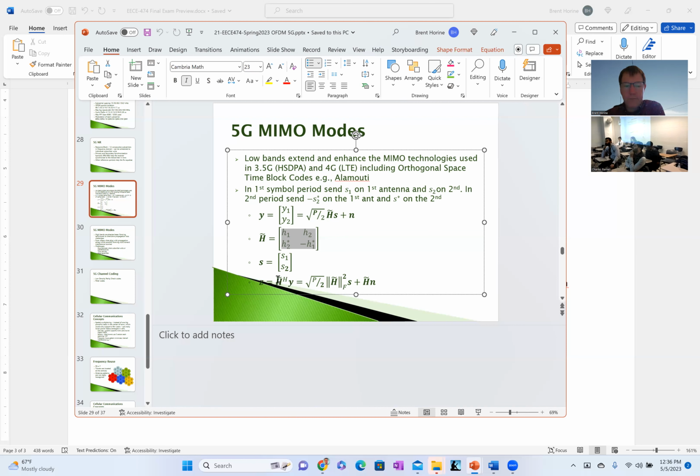And so if we multiply the Hermitian of that by our received symbols, then Z is our estimated result. It's going to be a vector, and it'll scale the value of the S's, so we'll be able to recover those S's pretty well, right?